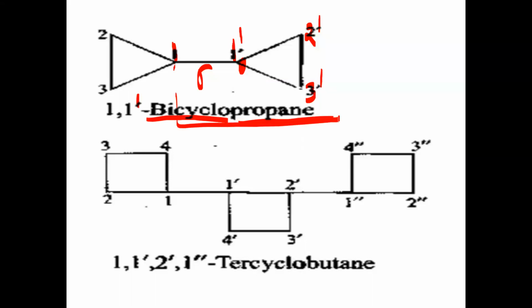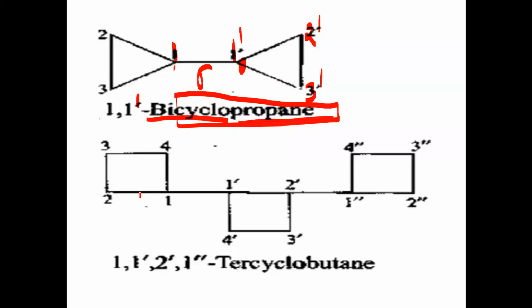How many cyclopropanes are here? 2. Bi means 2. Two cyclopropane rings are joined by a sigma bond. The connecting link is between the first carbon and the 1 dash carbon, that's why we say 1,1 dash bicyclopropane.